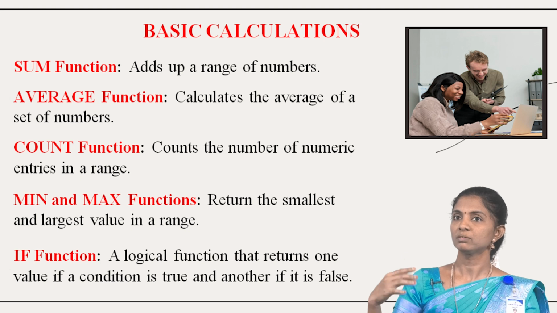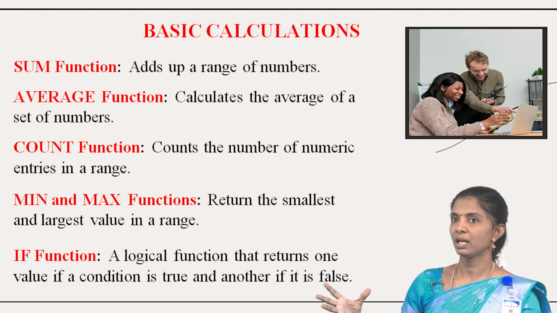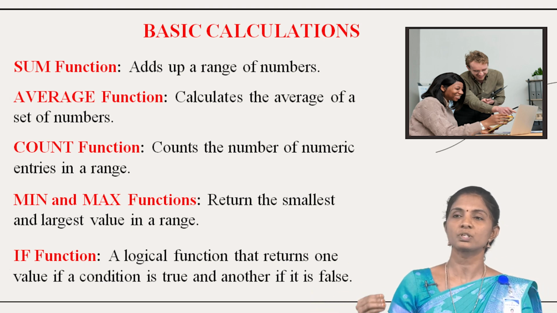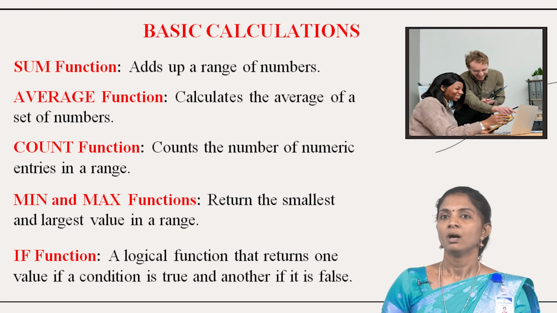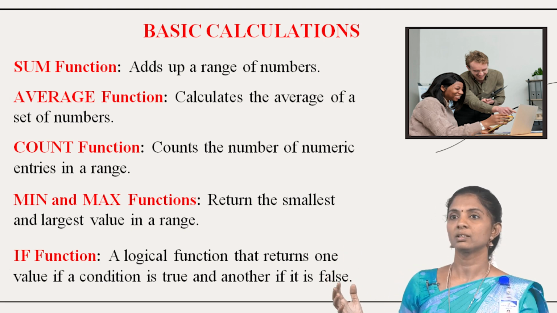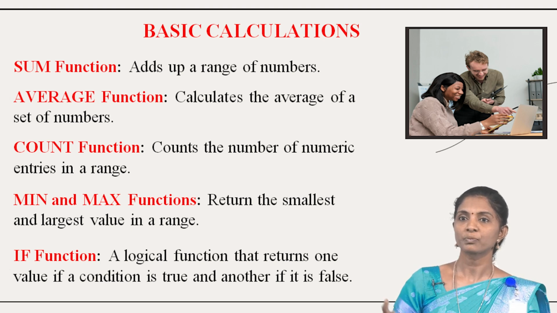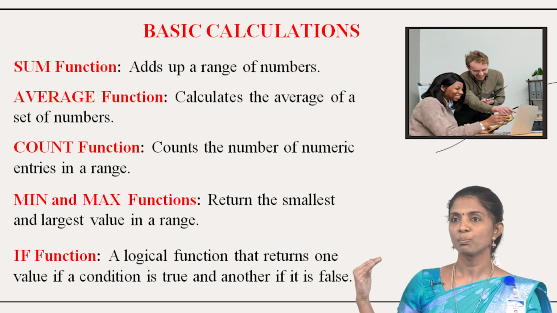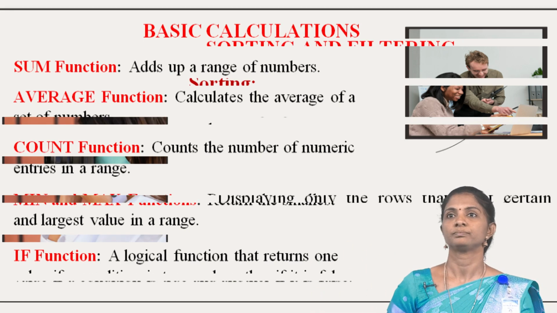In this way, you can apply a logical function. VLOOKUP and HLOOKUP are functions used to search for values in a table based on a key. Next one, text functions. CONCATENATE combines text from multiple cells. LEFT, RIGHT and MID extract a part of a text string.